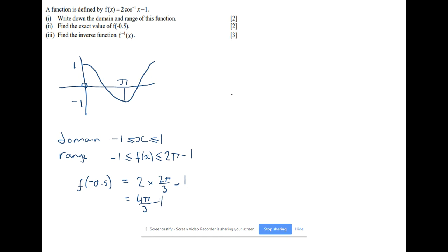And then finally, for the inverse function, a lot of you realise that we need to get y equal to x, and x becomes y for the inverse function. So if I rewrite this as x equals 2 cos to the minus 1 of y, minus 1, we add 1 to both sides, so we get x plus 1 equals 2 cos to the minus 1 y.